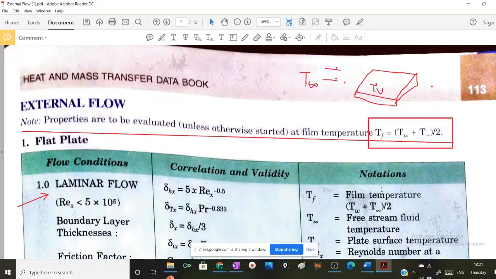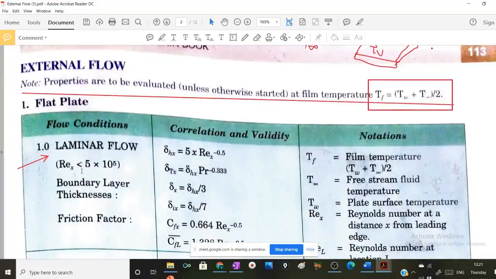So see, it is an external flow over a flat plate, and it is a laminar flow. So we have to refer to the formula in the section on laminar flow. The very first formula is delta Hx equal to 5x Rex raised to minus 0.5.